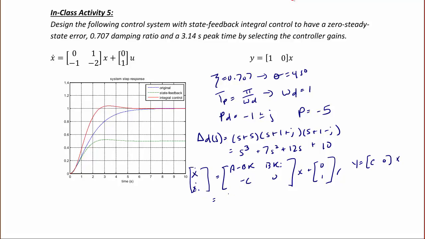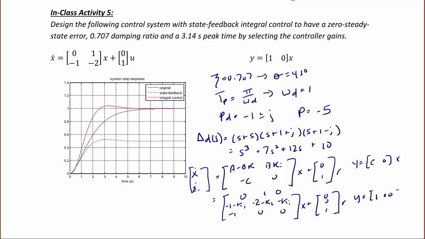Substituting in our values, we get [0, 1, 0; -1 - k1, -2 - k2, -k_I; -1, 0, 0] times x plus [0, 0, 1]r, and y equals [1, 0, 0]x.